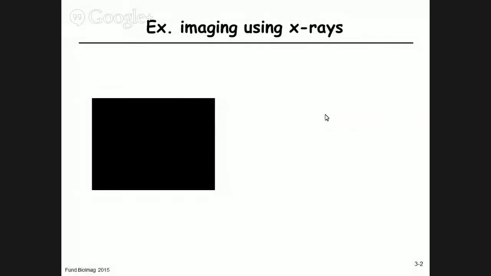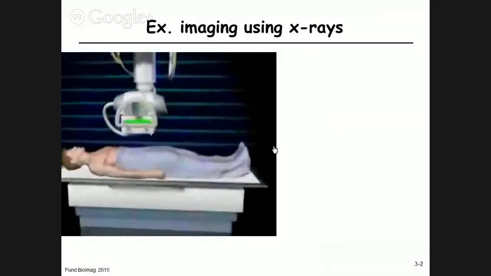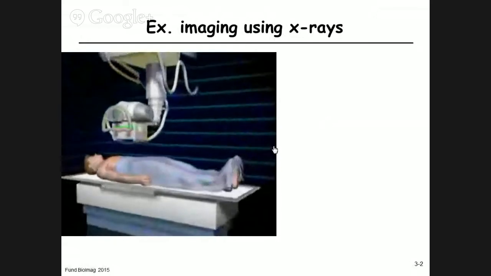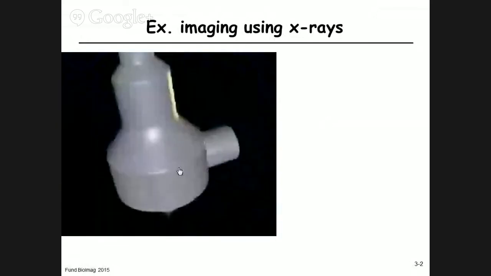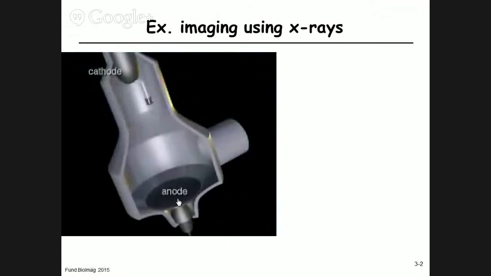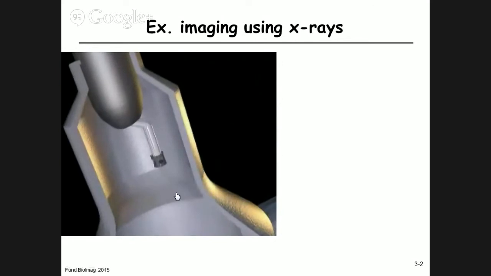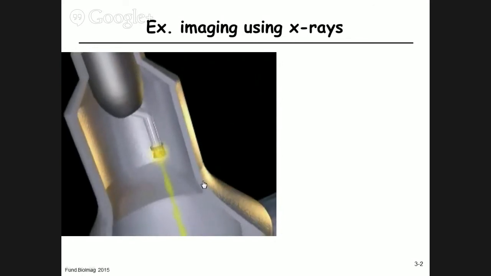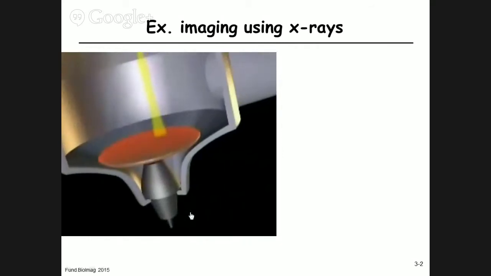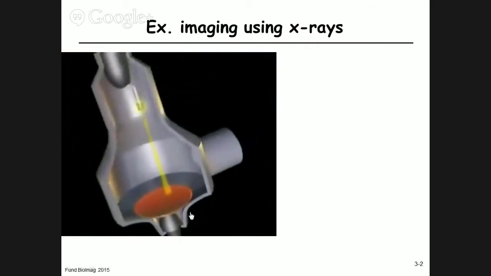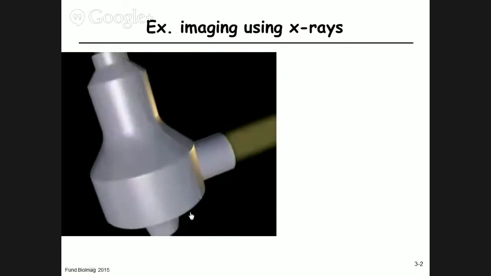So let's start with first some examples. And this is a sped up video just to come back to the generation of X-rays. And that's a standard X-ray tube like we've seen last week, the anode, the cathode, and the electrons that are accelerated, which impart on the anode.